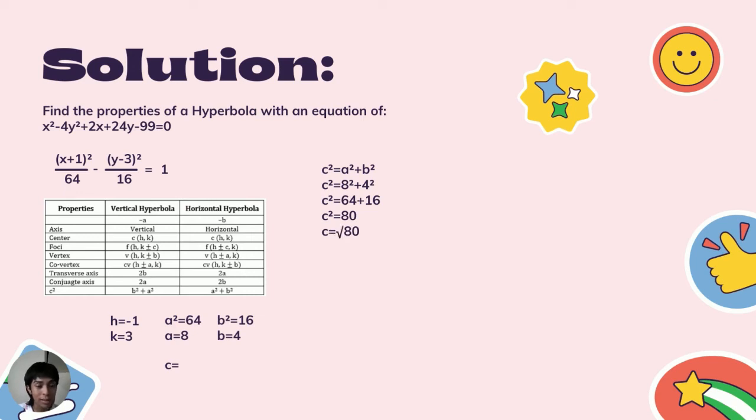Taking the square root of both sides, it will become 4 square root of 5. So the c value is 4 square root of 5. Now let's find the properties. Analyzing the equation, the y term has the negative sign, so it's horizontal. So the axis is horizontal.